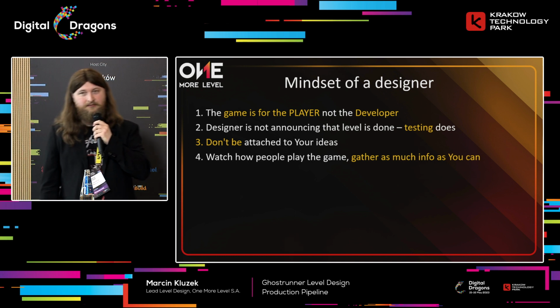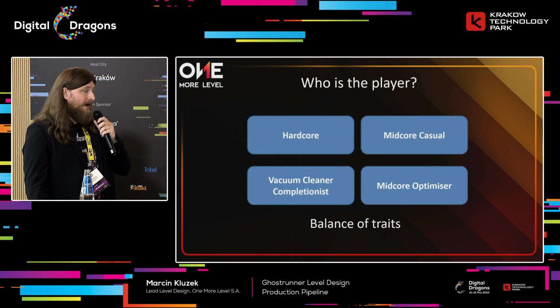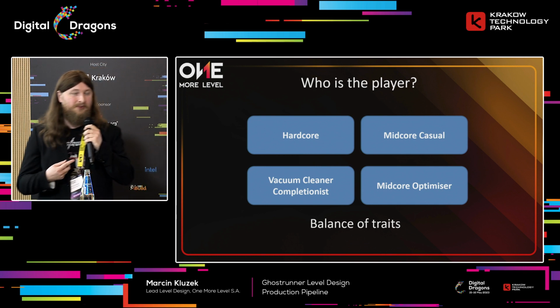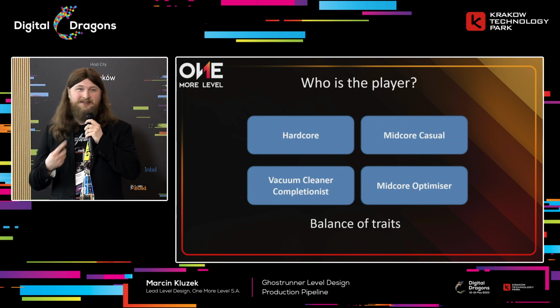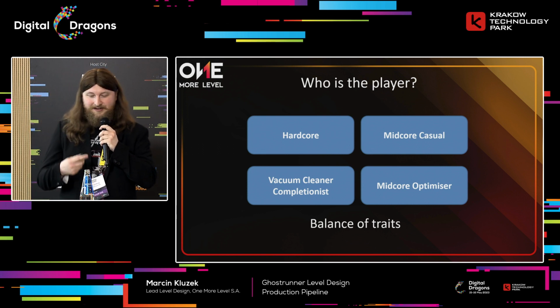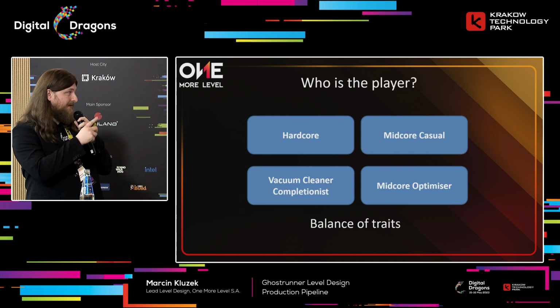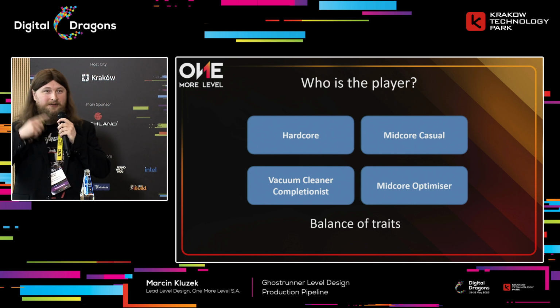We established that. Written reviews are okay, but better is to watch them. And I've watched all the gameplay playthroughs, all the reviews from Ghostrunner 1 while making Ghostrunner 2, and believe me, not everybody is a hardcore speedrunner, right? And I believe the player of Ghostrunner games has a combination of traits, and this balance of traits is very important. So I've made those things up.